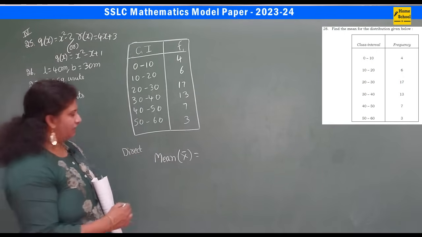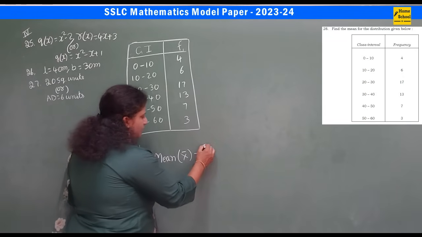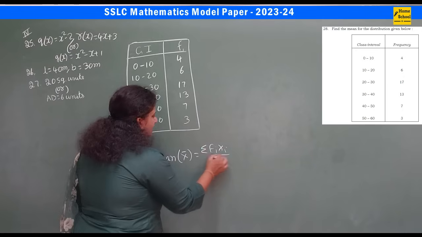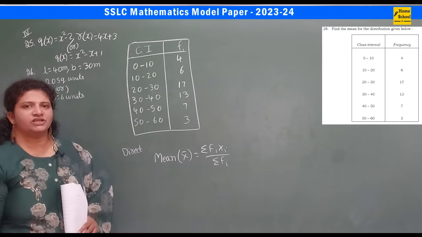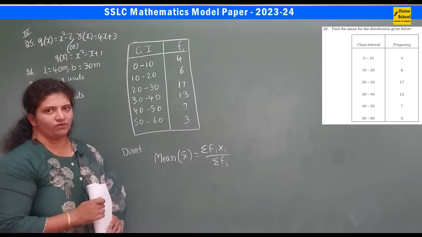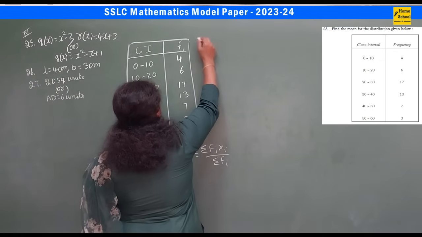Mean by direct method. First let us write the formula. Mean x bar is equal to summation fi xi by summation fi. We have fi. Where is xi? Xi is the class mark.